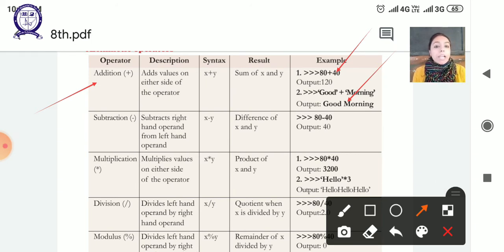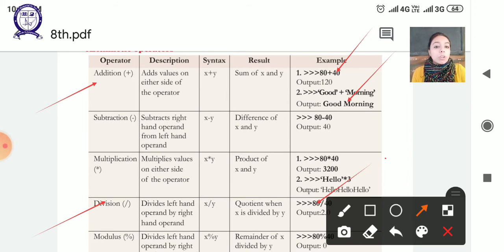Next we have the division operator. The division operator divides the left hand operand by the right hand operand and gives us the quotient as a floating point number. Like if 80 is divided by 40, the quotient will be 2, but it will give us the answer as 2.0 because the division operator gives the output, that is the quotient, as a floating point value.